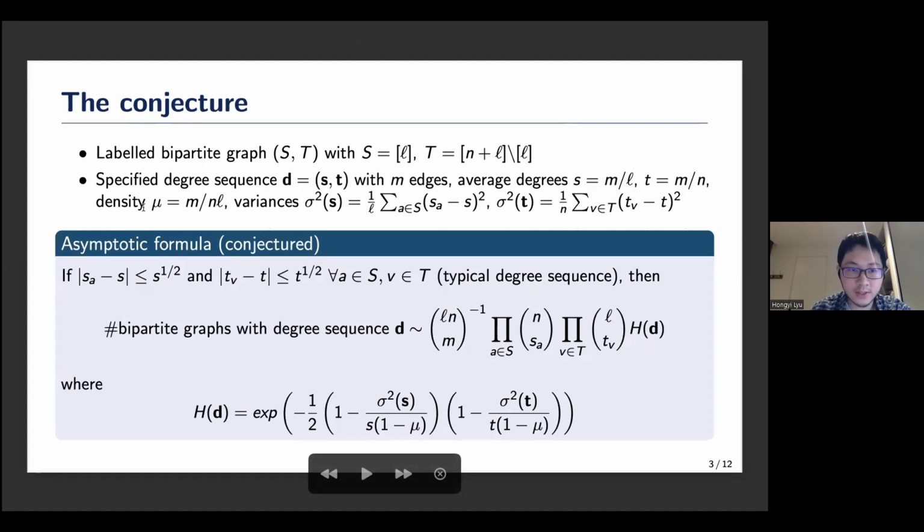And here the density mu is a very important parameter, which we'll revisit quite a few times in the next few slides. And finally, we define variances for both sides of the bipartite graph in the standard way.